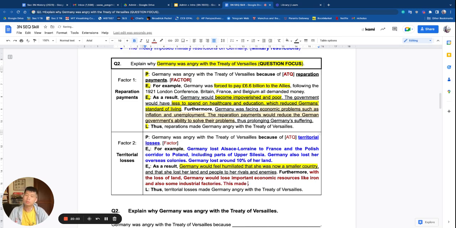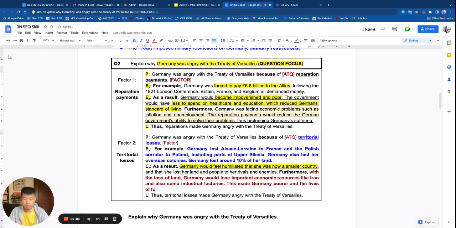This made Germany poorer and the lives of her citizens more difficult, which made Germany angry with the Treaty of Versailles. So this could be a second explanation. The loss of economic resources, the loss of industrial factories, which makes Germany poorer, and therefore the lives of people more difficult, and therefore Germans are angry with the Treaty of Versailles.